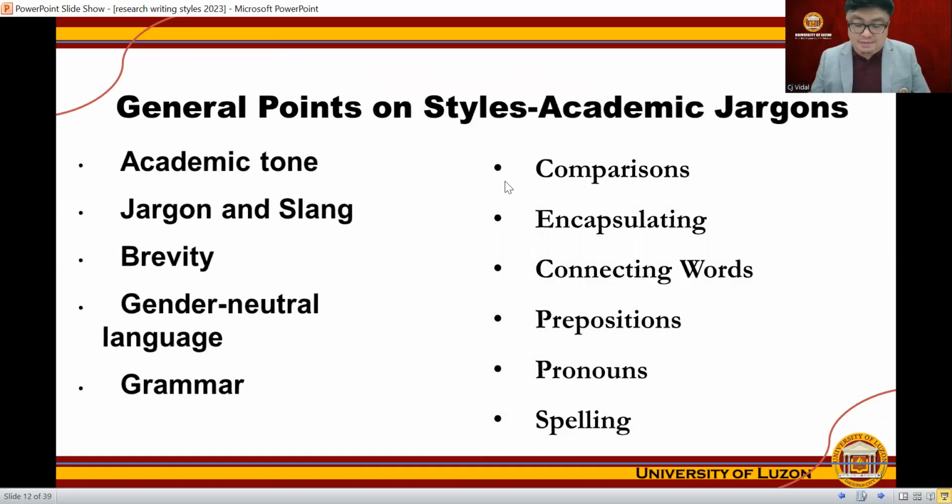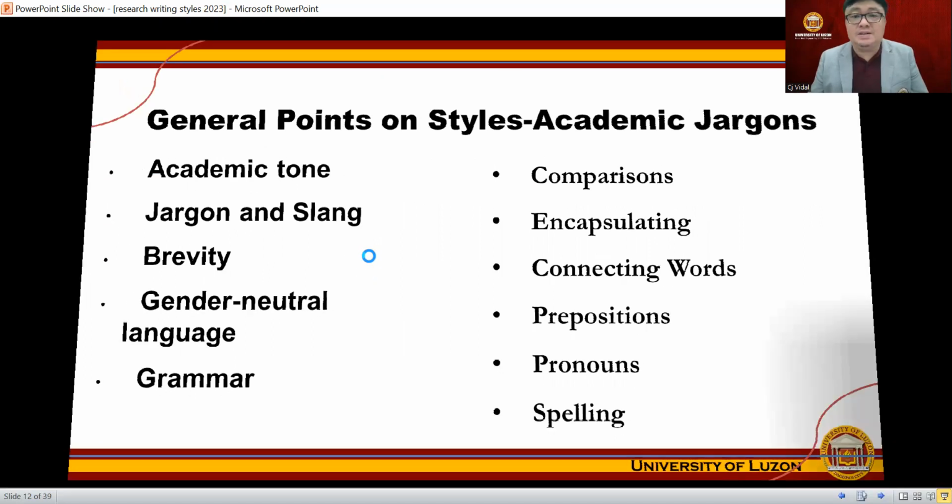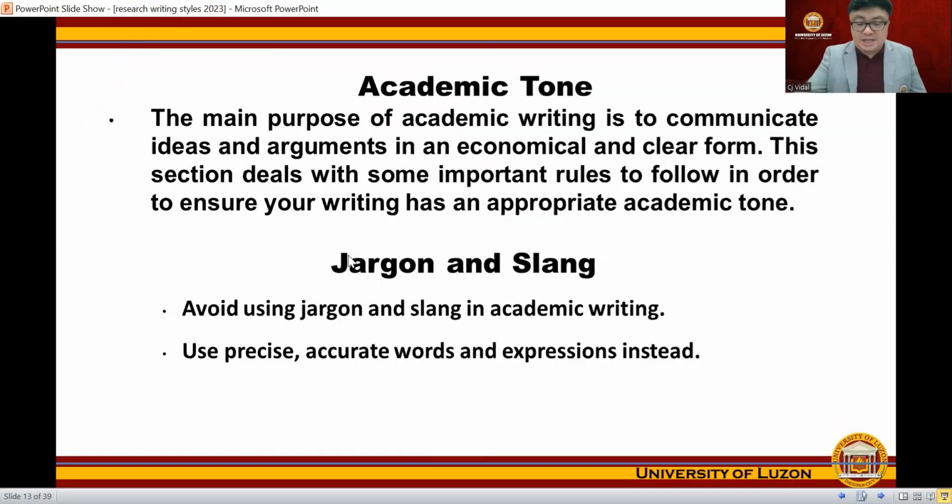And then we have academic tone, jargon and slang, brevity, gender neutral language, grammar, comparisons, encapsulating, down to spelling. So we start with academic tone.